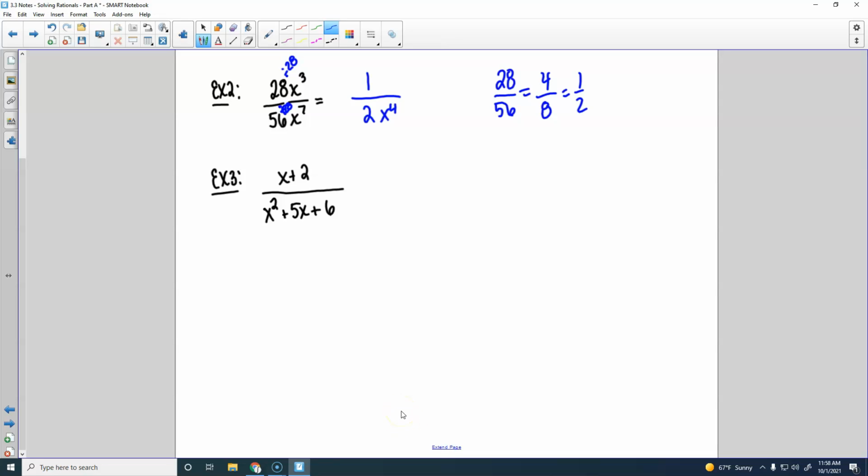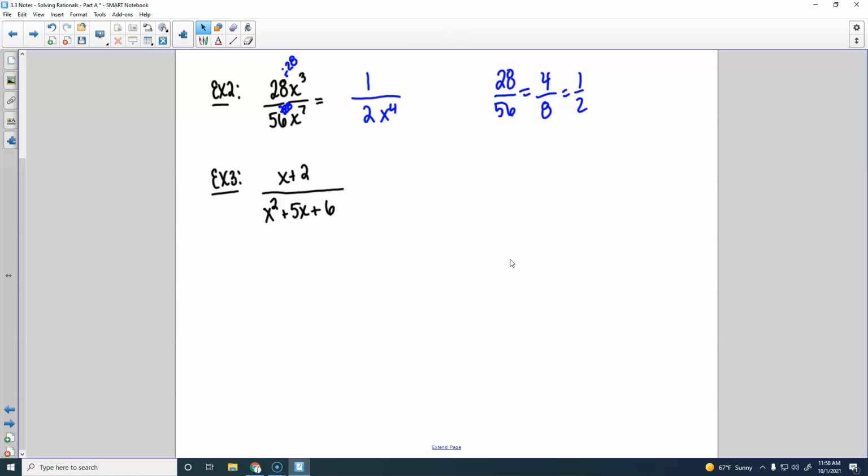So for example 3, we got x plus 2 over x squared plus 5x plus 6. Okay, so do not do what I'm about to do because it is very wrong.